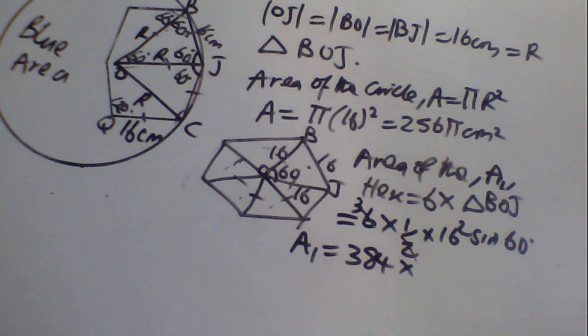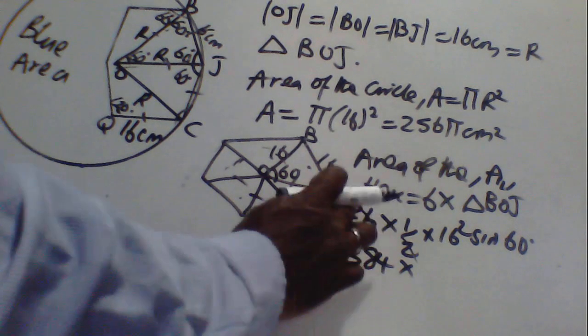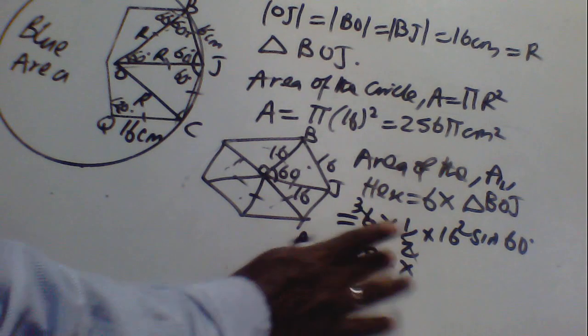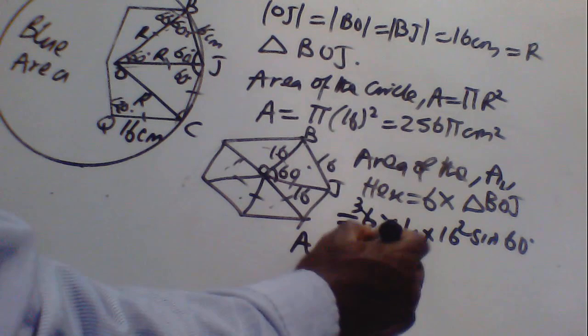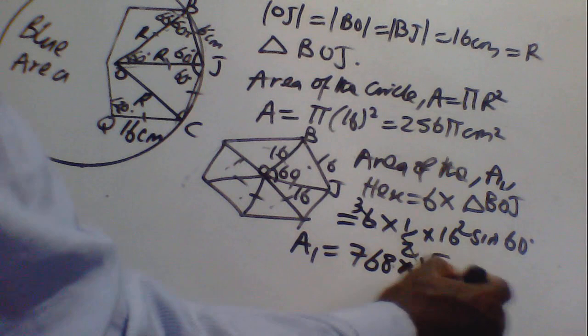So what do we have? 16 squared times 3, let me use my calculator, will give us 768, multiplying sin 60, which is root 3 over 2.